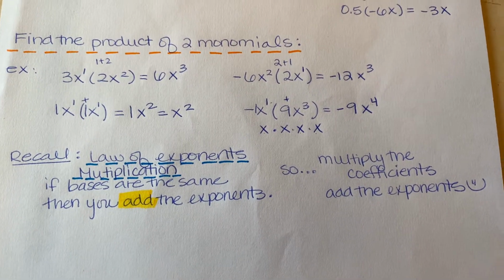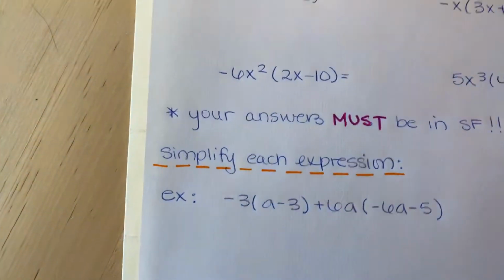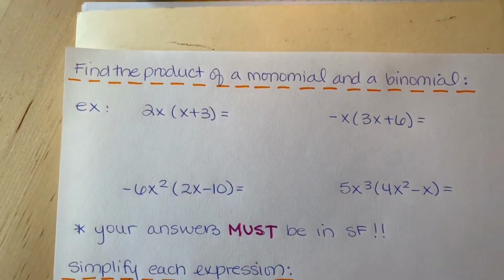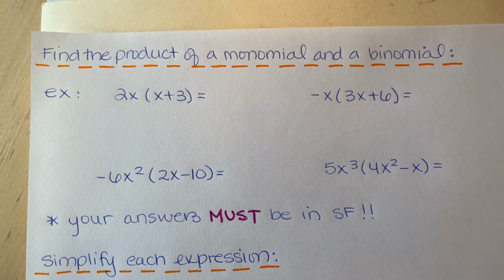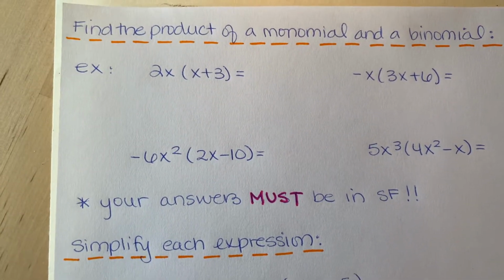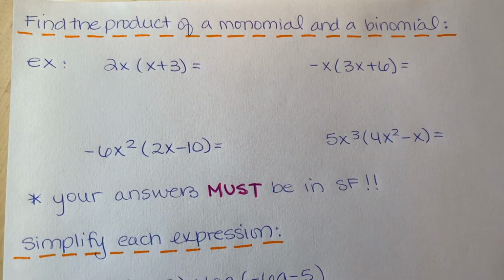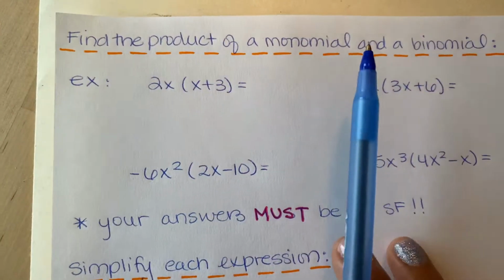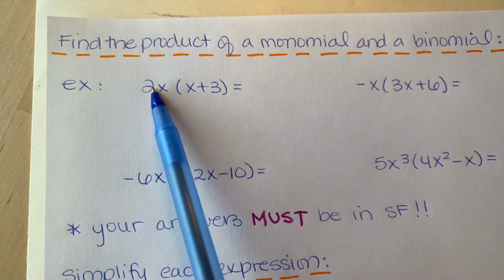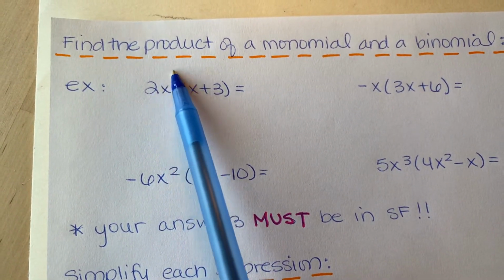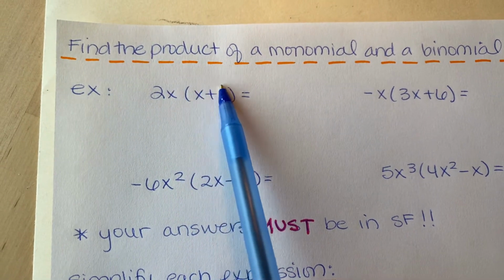Okay, so that was monomial times monomial. Okay, so here we go. So now next, find the product of a monomial and a binomial. Here you're going to go ahead and operate, meaning you're going to multiply, but this is the distributive property. So you're going to multiply and then multiply.